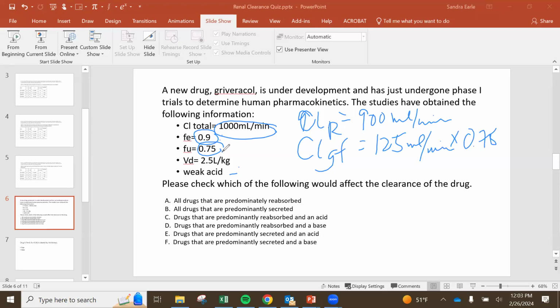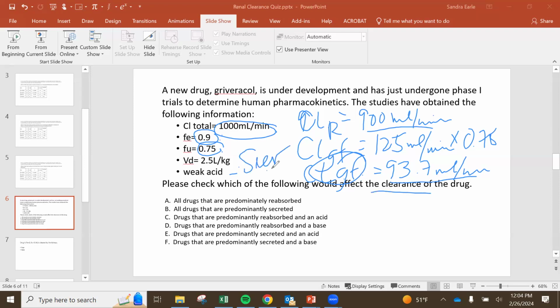Sadly, I think I do need a calculator for that. So filtration clearance is going to be 93.75 mils per minute. So what's coming into the nephron is 93 mils per minute, but what's going out is 900 mils per minute. So we have a lot of secretion, right? So this is active secretion.